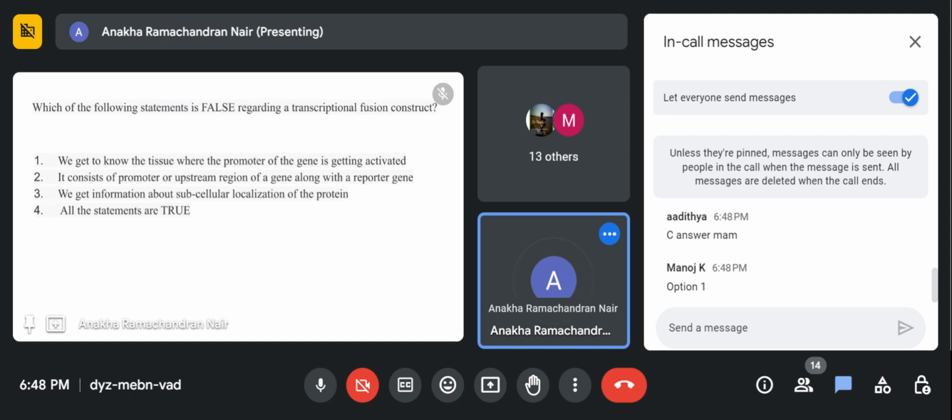Option C, okay. Anything else that anyone thinks is the correct answer in this case?